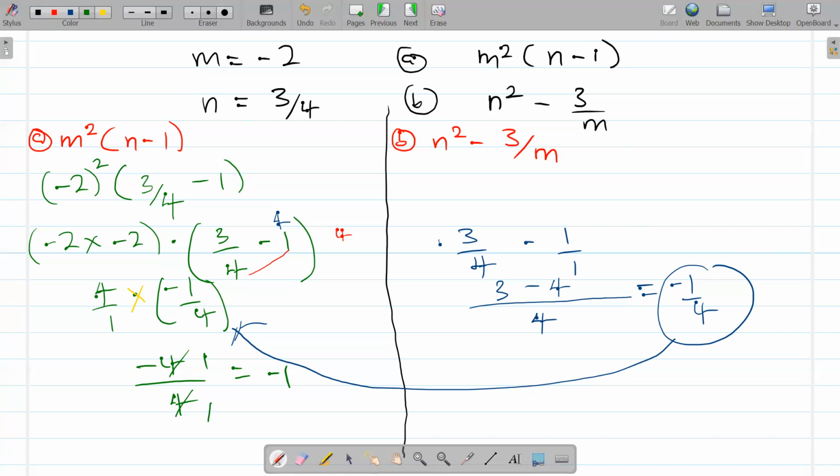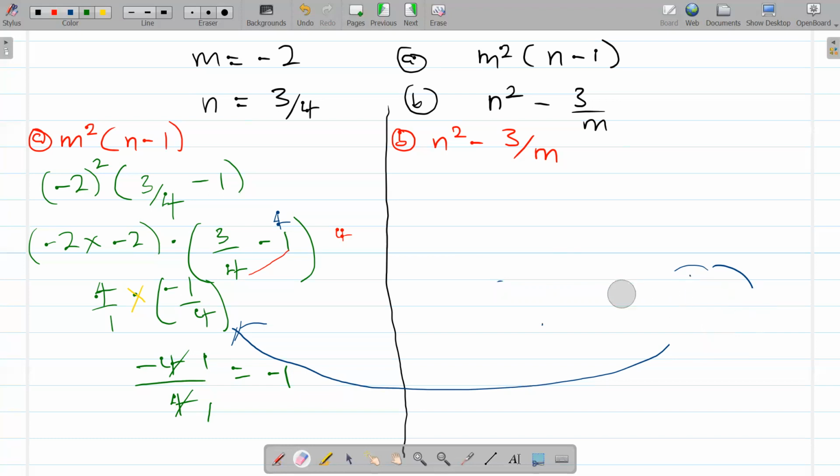Is it okay? Yeah, I understand it. But is the M the same thing as the 4, right? The B? Yes. 3 over M is the same thing as the 4, isn't it? No, the B is also a different question. So you are just substituting the values into that equation.